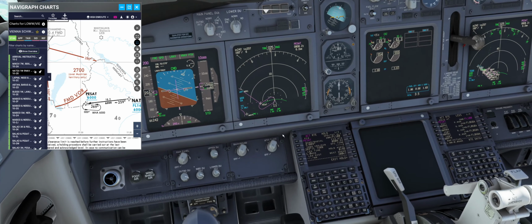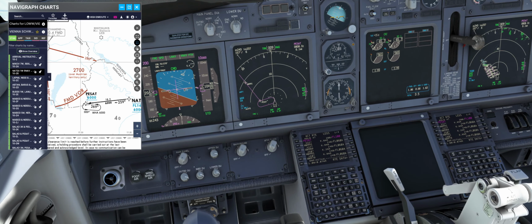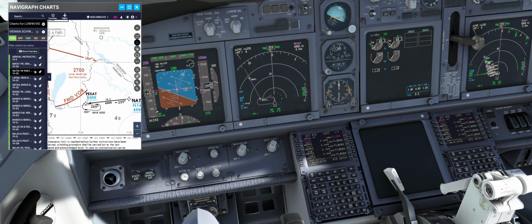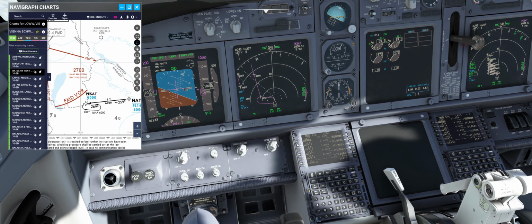Okay, so we can make it, for example, right now. Let's say Scandinavian or Transavia, proceed direct to Whiskey Whiskey 981. So you can put it right here.